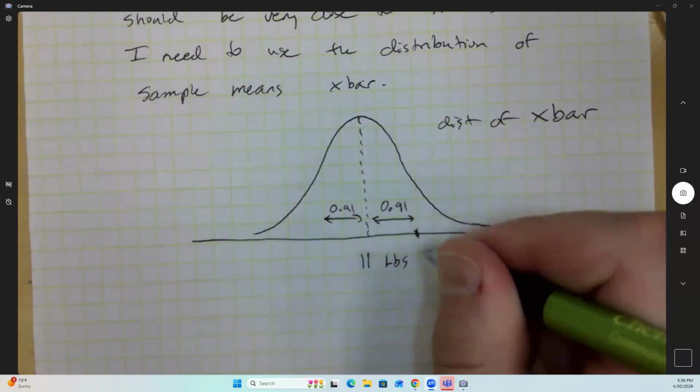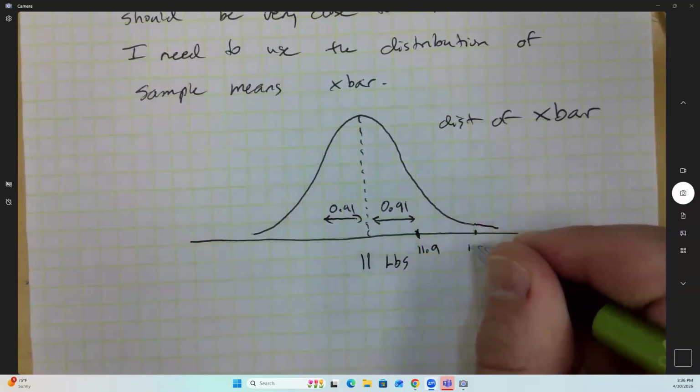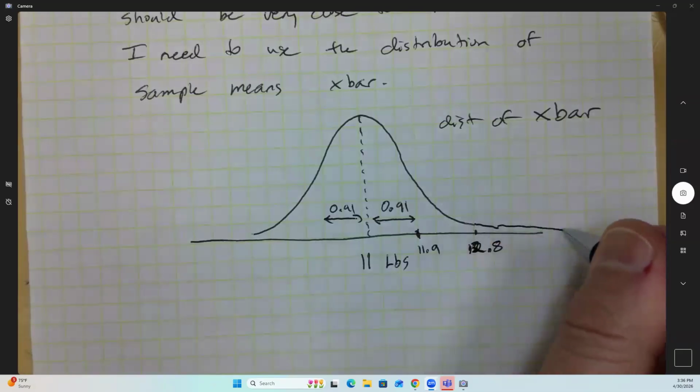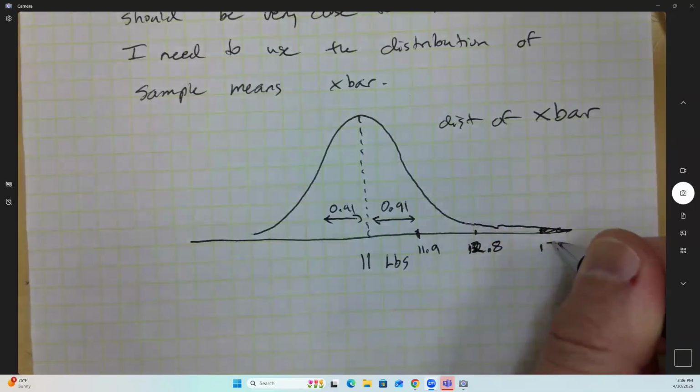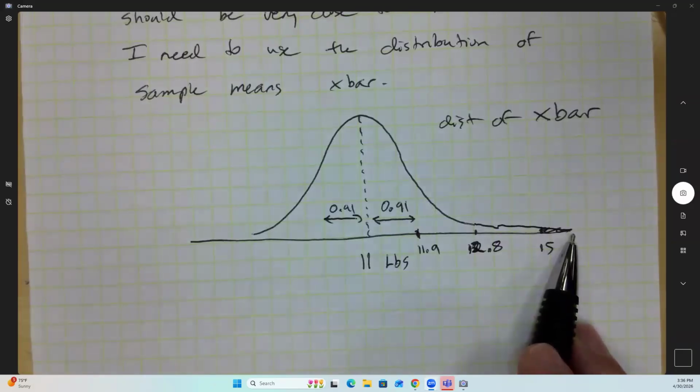So 1 standard deviation is 11.9, and 2 standard deviations is 12.8. And I'm way up here at 15, which is basically, I would be super surprised.